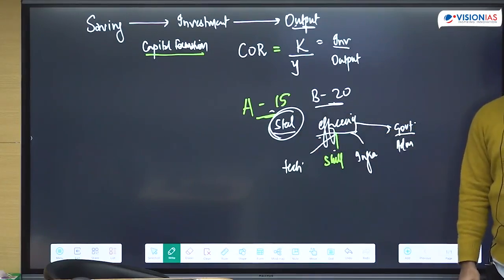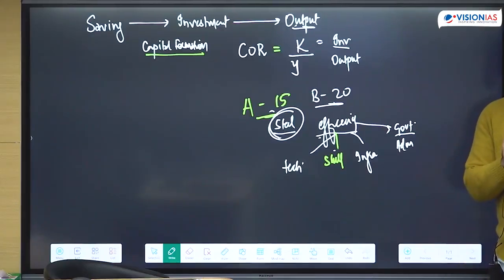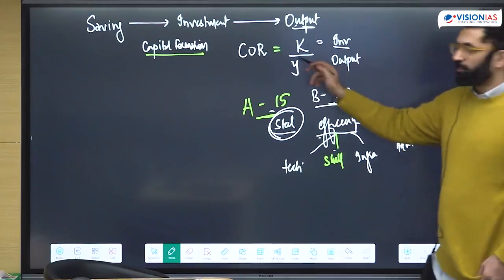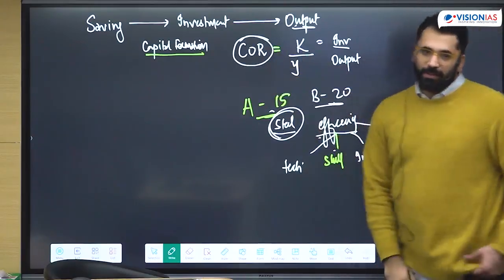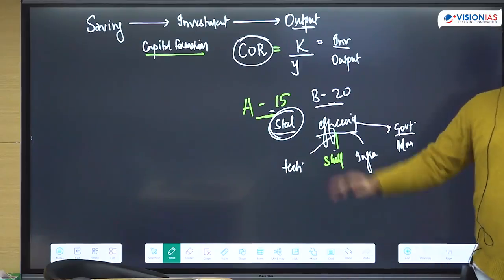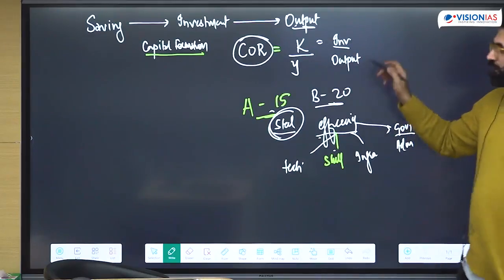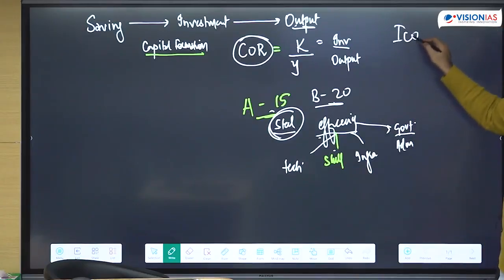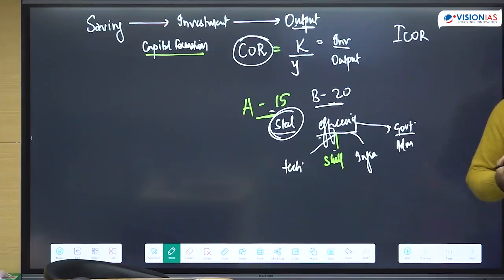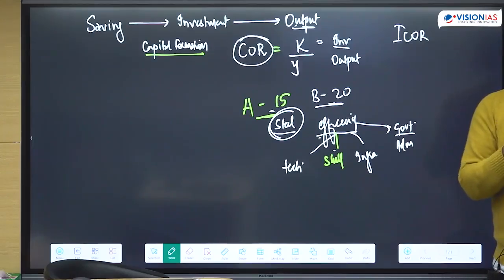So if I want to know how much capital is required to generate output of 1 unit, that is explained through a variable called the capital output ratio. This is an average value. Okay? How much investment is needed for an average 1 output. But if I want to know how much additional capital is required, I'm already producing 10 units. How much will be needed to produce the 11th unit?